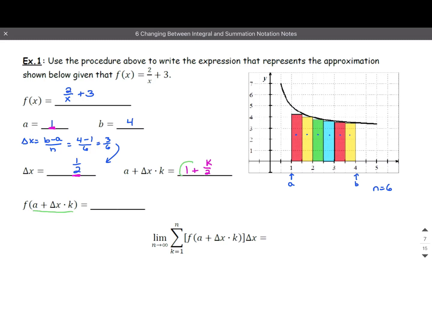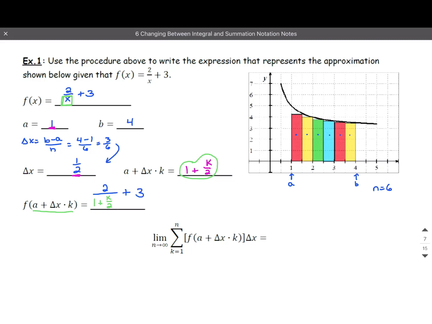So we're going to take this a plus delta x times k, and we're going to substitute that into f of x every place there was an x. So our f of x is 2 over, now instead of x, we're going to write 1 plus k over 2. Then the rest of the function was plus 3.